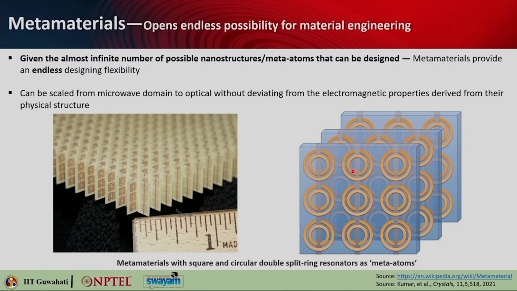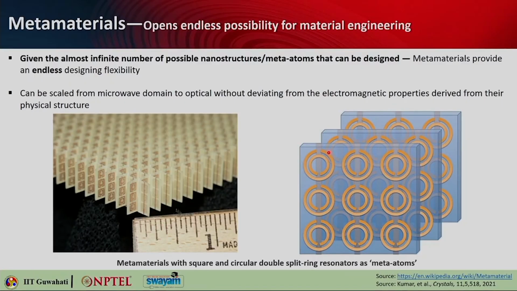One more time, the properties of metamaterials are derived from their meta atoms. Whatever you design, that design will decide the electromagnetic properties, not the constituent atoms in that design. Say you want to make this kind of split ring based on copper. It doesn't mean that the properties of copper will play a major role here. No, the major role will be decided by these circular split rings.